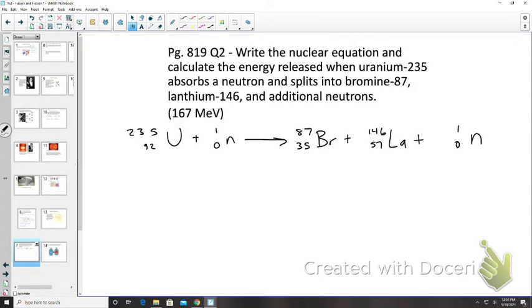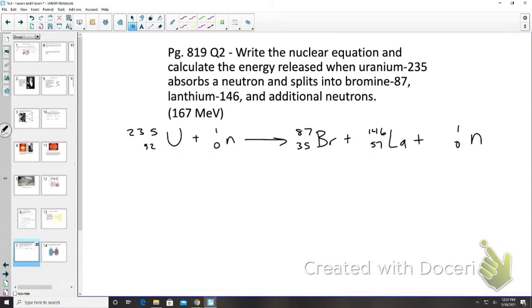Okay, so same thing, we got to make sure our atomic and mass numbers are balanced. So going in, we have 236 for our mass number, and going out, 87 plus 146 is 233.